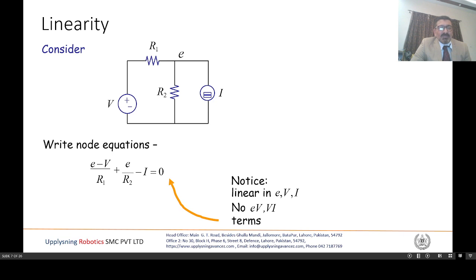Plus, at the node, the resistance R2 is on the parallel side, so plus E divided by R2, minus the current, is equal to 0. This is a linear equation. Notice that the linear equation has only voltage and current; there is no voltage multiplied by current term in a linear circuit.